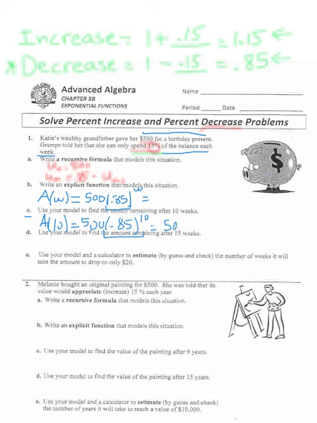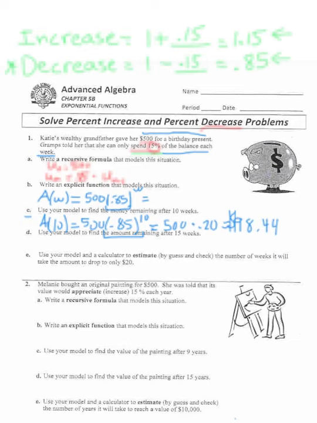So you have 500 times 0.85 to the exponent 10, which is about, if you rounded it to the nearest hundredths place, 0.20. So we'll put these squiggly lines for about. And if you multiplied 500 times 0.20, you'll get about 98.44. So it would be about $98.44.